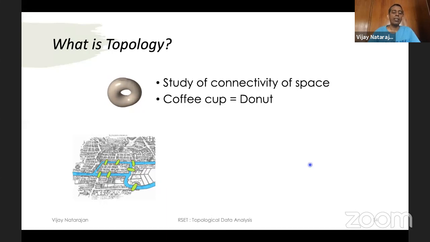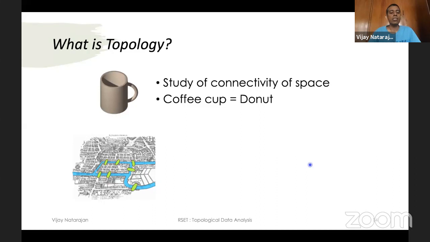This is in the 18th century, where Euler solved this famous problem of the 7 bridges of Königsberg. The problem was this: you have this town of Königsberg, and it had a river passing through it. The river is shown in blue.